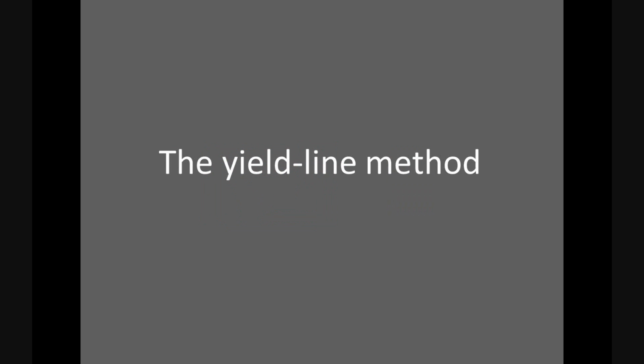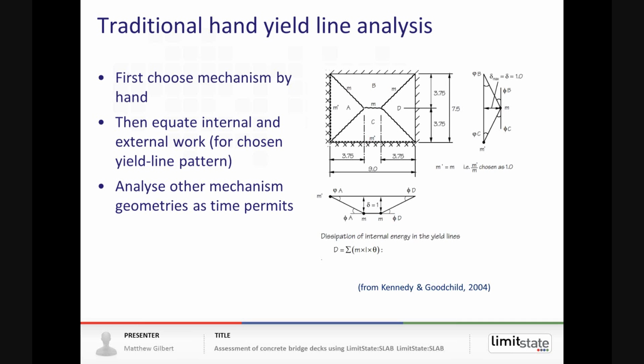Okay, so moving on to the Yieldline method. It's a long established method, originally devised in the middle of the 20th century, with Johansen being the primary developer of the method. Typically, if you're doing a hand-based Yieldline analysis, you would choose a mechanism by hand.